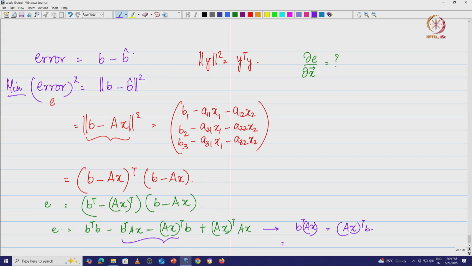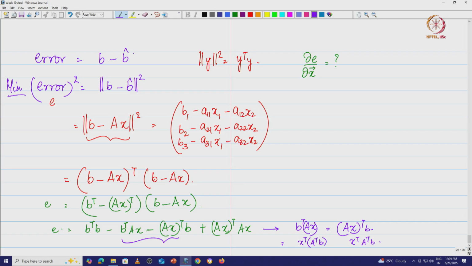So what do we have? I have minus 2 b transpose Ax. I will write b transpose into Ax as x transpose into A transpose b, right. This also becomes x transpose into A transpose b.